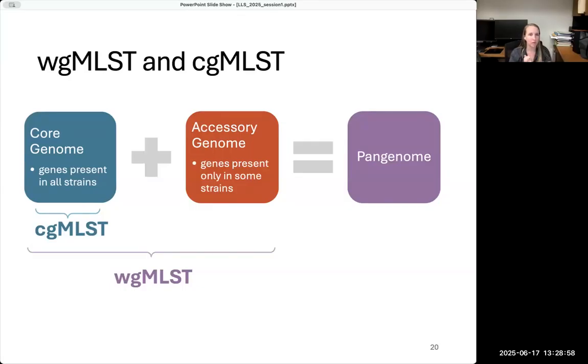But it's less stable, because the core genome is a stable thing, because like I said, it's genes that are in all organisms, but the accessory genome is going to be less stable because it's continually adding new genes or new alleles in there. So yeah, there's some benefits and differences, but right now, whole genome MLST is typically only used for Listeria, for standard surveillance.